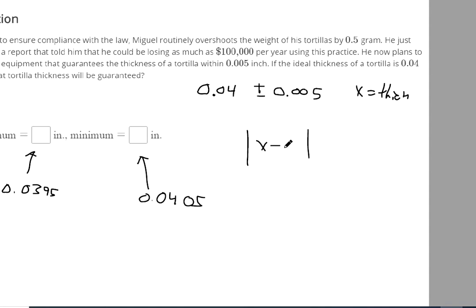The difference between the ideal thickness is less than or equal to 0.005 of an inch. Okay, so you take your tortilla. If you subtract it by what your target was, the 0.04 inches, well, that difference, whether it's positive or negative, is less than 0.005 because of the guarantee the machinery gives us. So if you wanted to set it up as an absolute value inequality, we could do it that way and then solve, but you'll get the same answer.